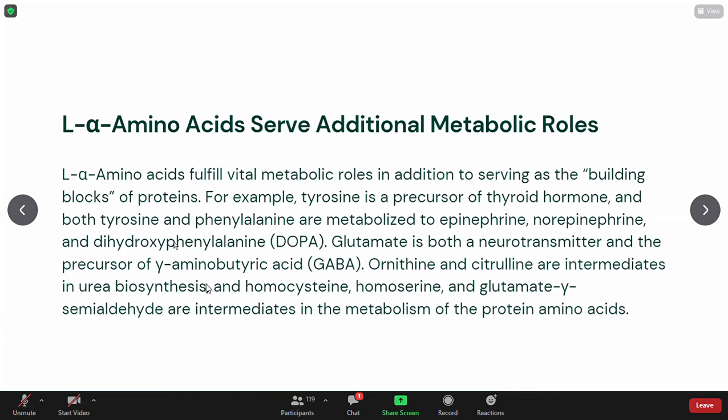Glutamate is a precursor of GABA, gamma amino butyric acid. Ornithine and citrulline are found in the urea cycle for the formation of urea. And homocysteine, homoserine, and glutamate gamma semialdehyde are intermediates of metabolism of protein amino acids.